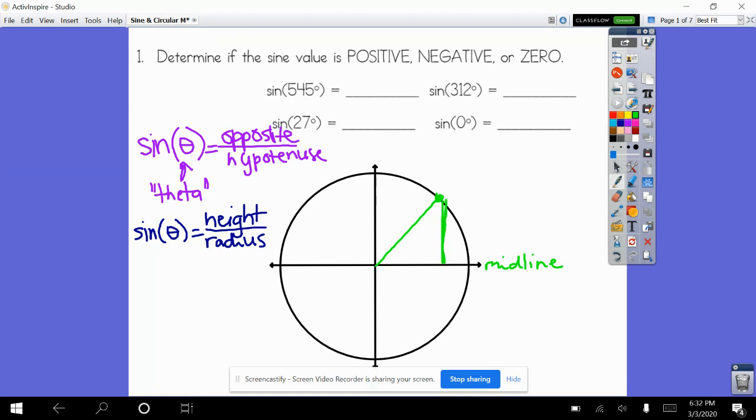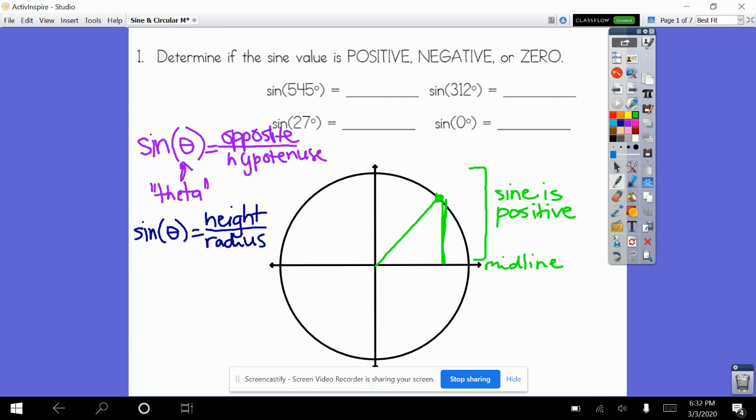My radius is always positive, because no matter where I go in the circle, I'm going to have a positive radius. So the sine value is positive whenever the height is positive, or in other words, whenever the point you're looking at on the circle is above the midline. So sine is positive for any angle above the midline, because that's where the height is positive.